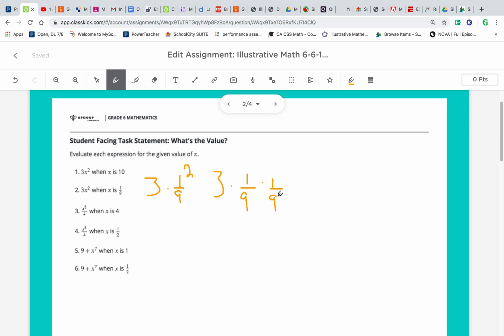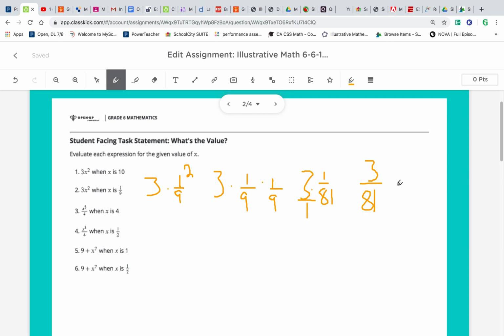All right, and so we have to work this out first, right? This is where the exponent came from. So 1/9 times 1/9, that's 1 over 81. So this is 3 times 1 over 81. Well, okay, so 3 times 1 over 81, if you want to think of this as being 3 over 1, then it's 3 times 1, which is 3, and then 1 times 81, which is 81.